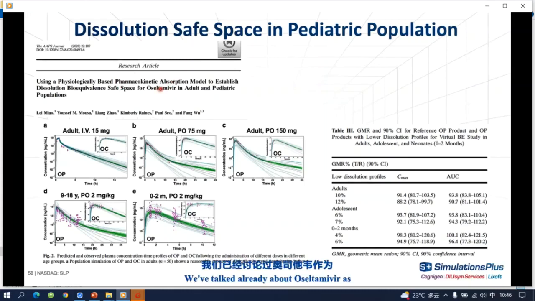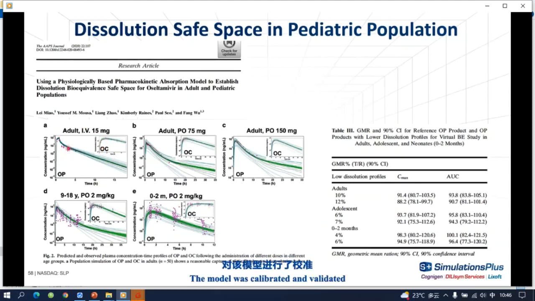We've talked already about oseltamivir as one of the early applications. Here we are coming back to it with this more recent paper only 2 years ago, where again, the model includes the PK of both parent compound as well as the metabolite oseltamivir carboxylate.